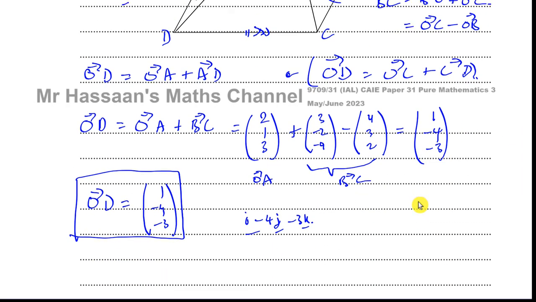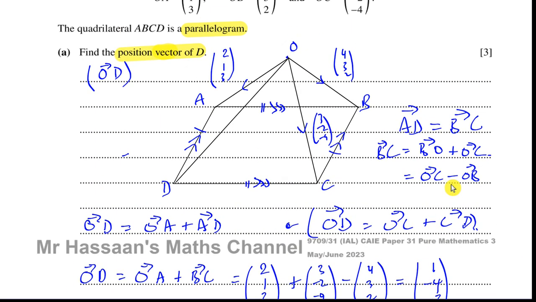What I'm saying is we can do O to D equals O to A plus A to D. And we can also say O to D is equal to O to C plus C to D. Now, what I meant to say was C to D is the same vector as B to A. Sorry about that. So if I find what B to A is, it's the same as C to D.